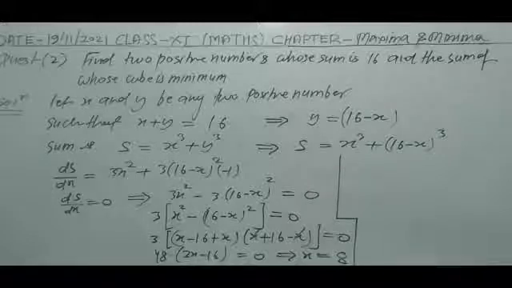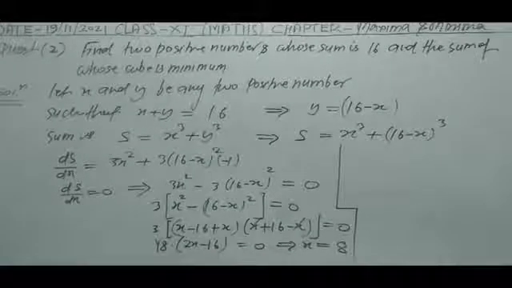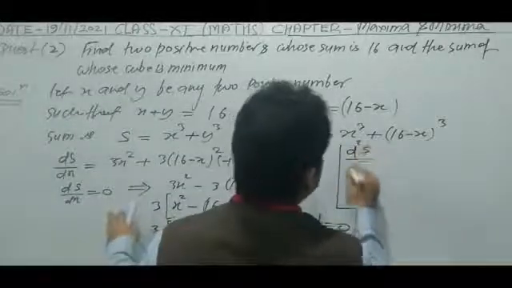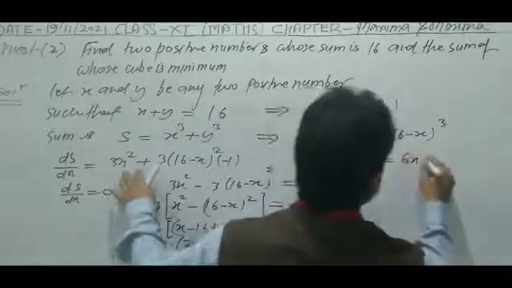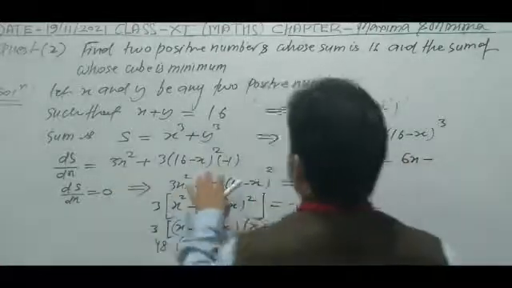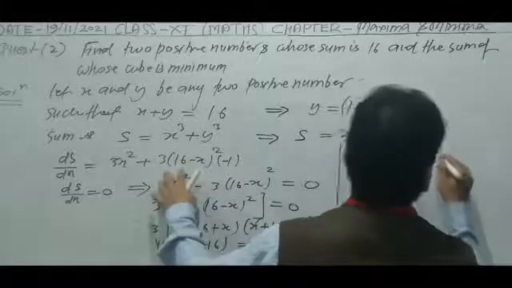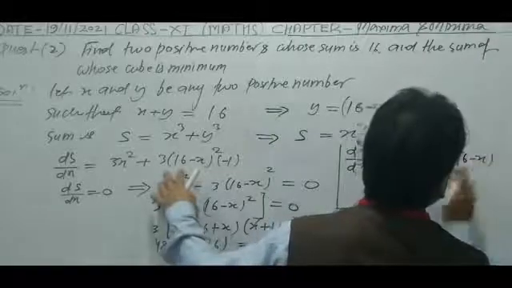The second order derivative d2S upon dx square will be 6x plus 6 times (16 minus x).